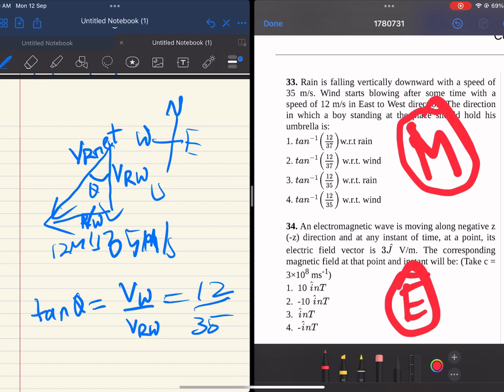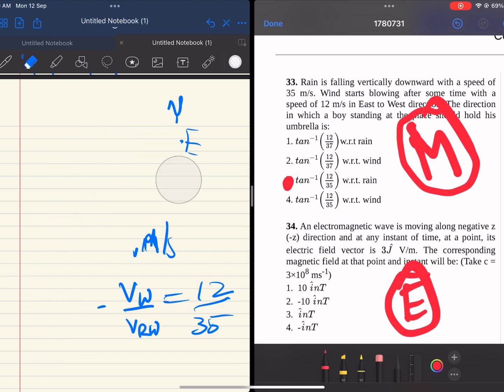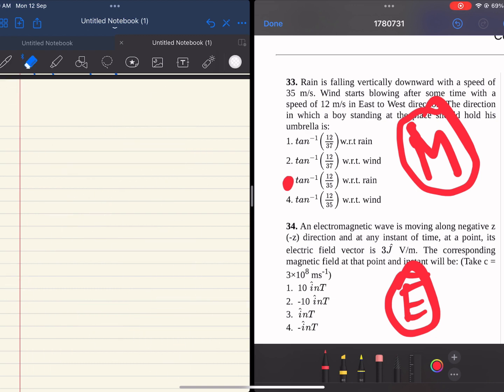Now, moving to the 34th, we know that for electromagnetic waves, E cross B, the cross product of electric field and magnetic field, gives the direction of velocity. So E cross B is equal to the velocity vector. So the magnetic field must be in the i cap direction, because j cross i comes out to be minus k cap, which is the minus Z direction.